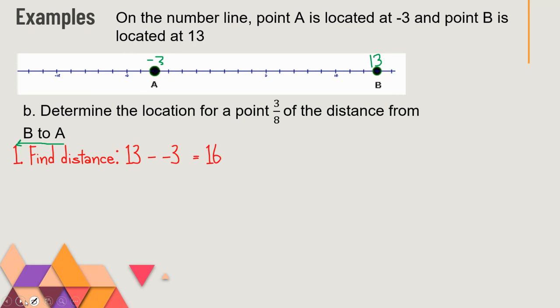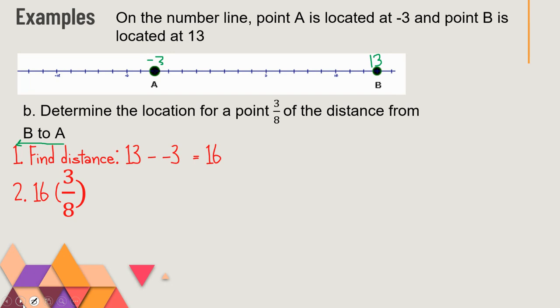One little side note here, when you're finding the distance, if your calculations give you a negative number, we have calculated something wrong. You cannot have a negative distance. So make sure you are calculating properly. 16 times our fraction, 3/8, which we can put into a calculator just like it is.